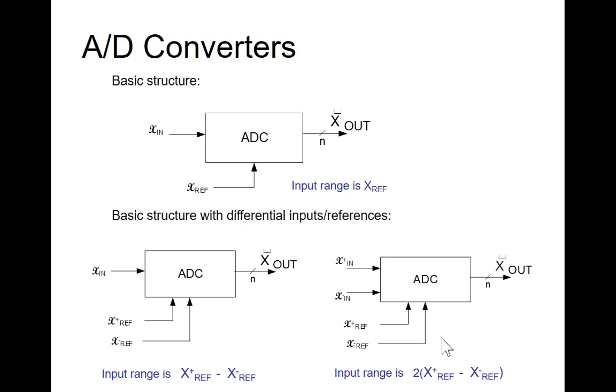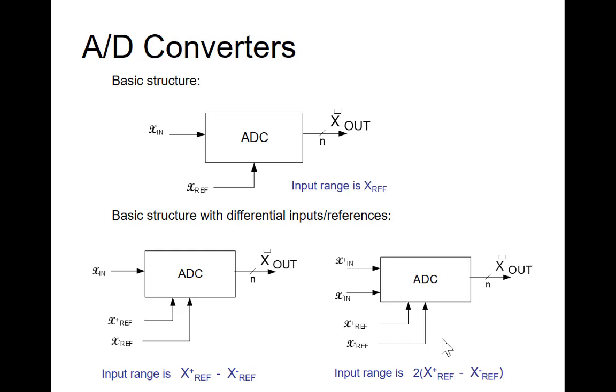If you look at this structure here, the input range is from XREF plus to XREF minus. If you have differential inputs here, this one can be bigger than this one, or this one can be less than this one. So the input range is typically twice XREF plus minus XREF minus. In the positive going direction, it can be XREF plus minus XREF minus.